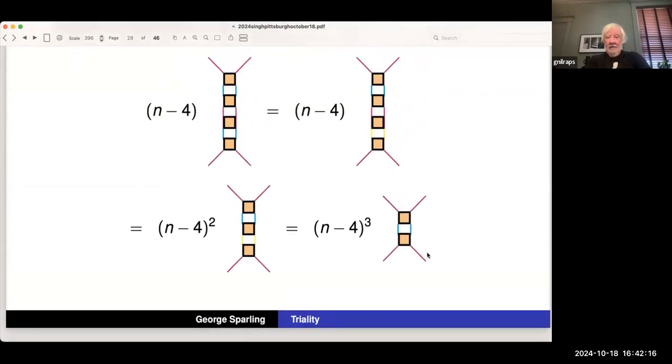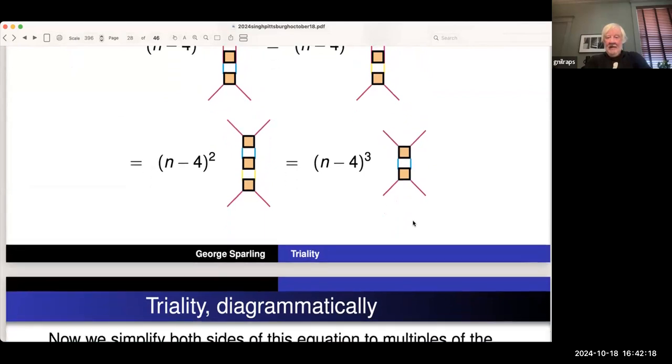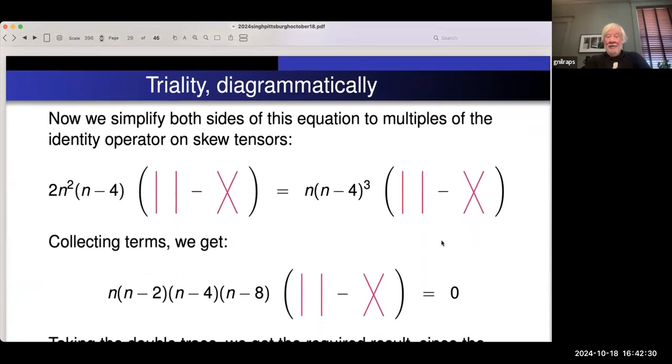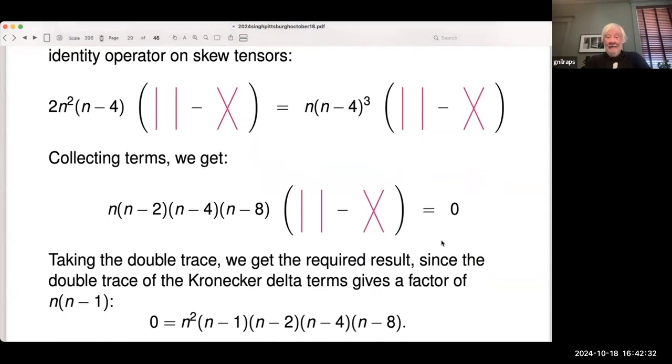And you do the same thing for this other side here, and you get a factor of n minus 4 cubed times n times the skew symmetrizer. So you get this relation just coming out of nowhere, basically, and all you do is you collect terms, and that's the answer.